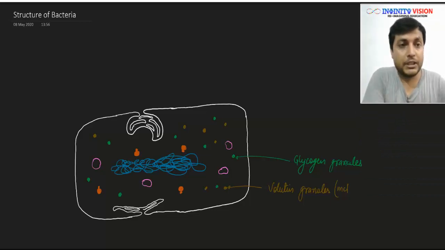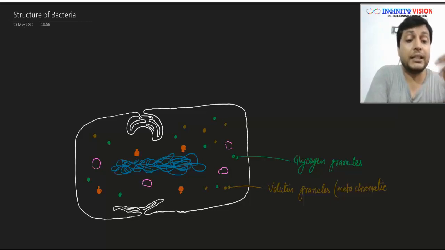This volutin granule is metachromatic. What is the meaning of metachromatic? It means multicolored. Why do we call it metachromatic? Because it can bind to different dyes or different stains.